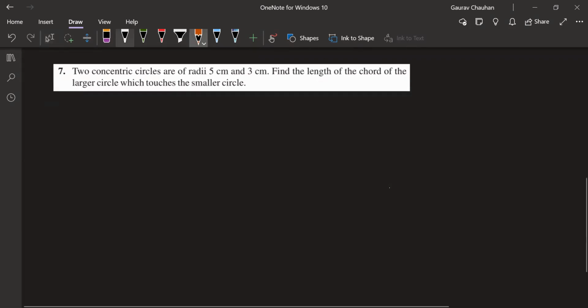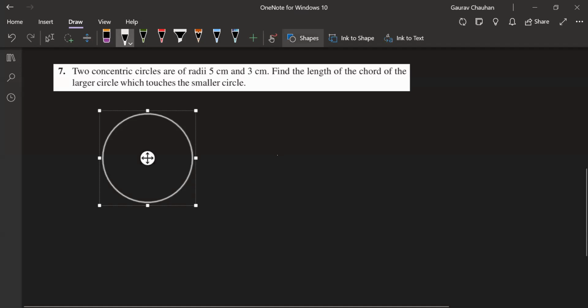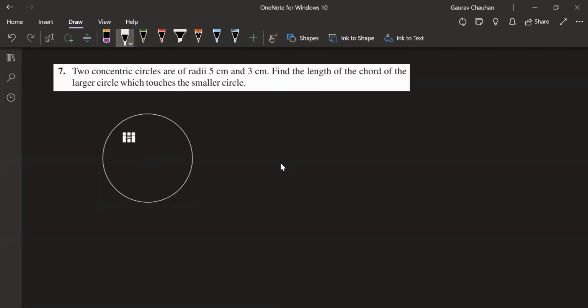Two circles of radii 5 centimeter and 3 centimeter are concentric. So I have to make two concentric circles. Now, this is one circle, and there is another. You know what concentric circles are? So there are two circles.